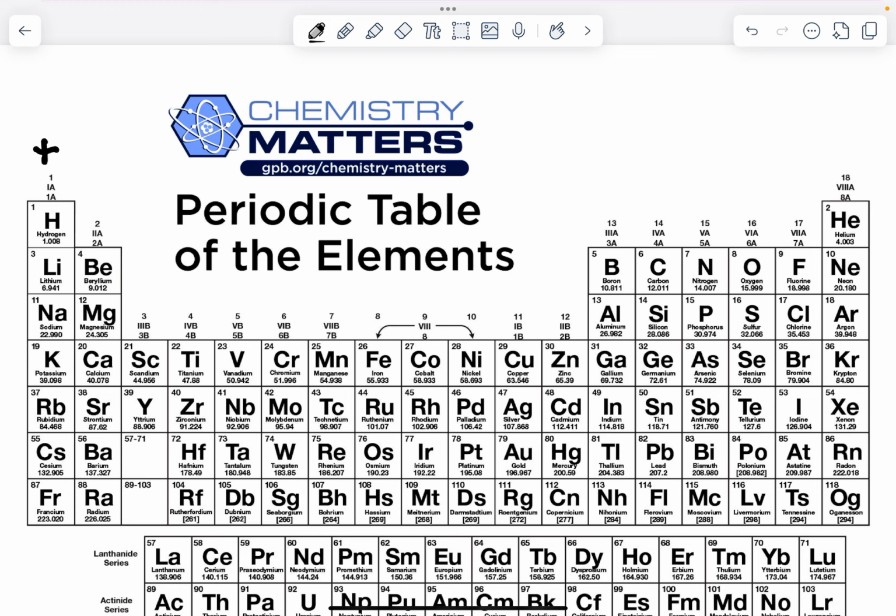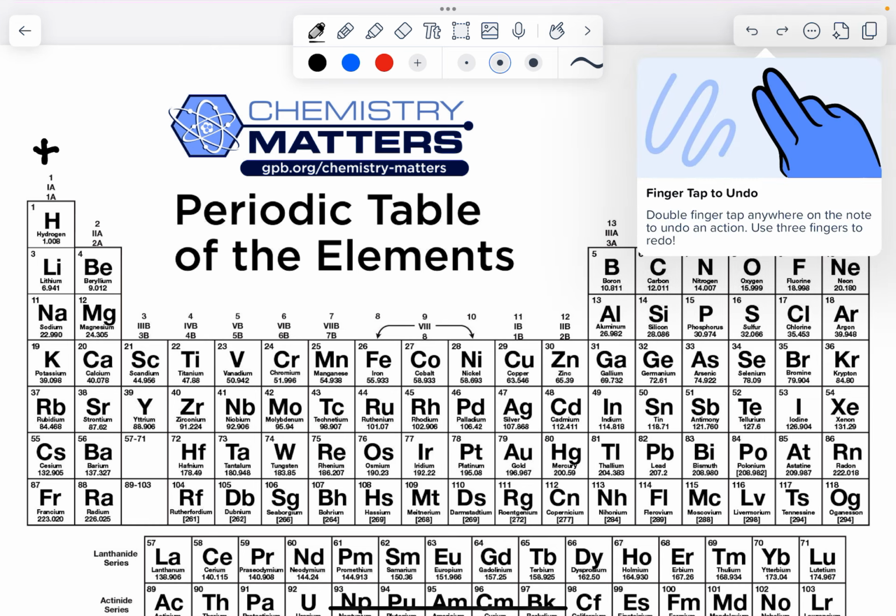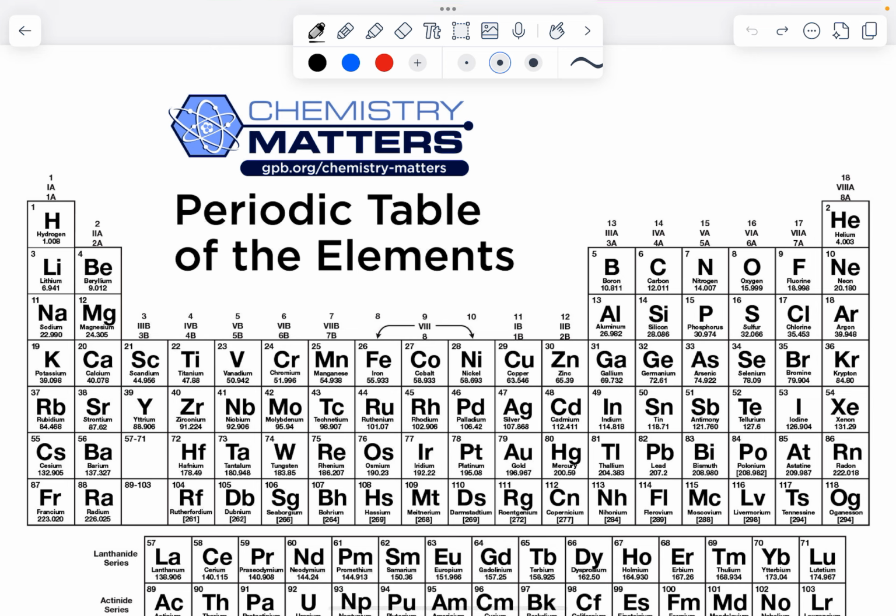So, for example, let me change the size of this here. +1 for hydrogen, lithium, and sodium. So this whole family. I'm going to do a different color too. +1 for that. +2 for barium, beryllium, magnesium, calcium.